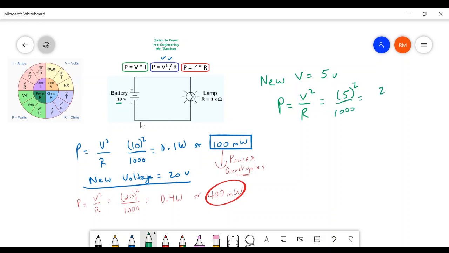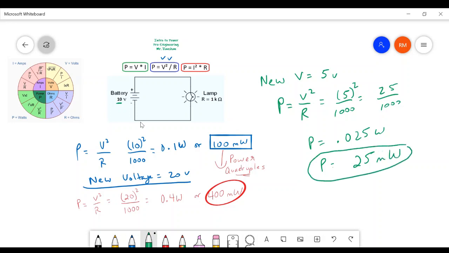So what do we get? We get power is equal to 0.025 watts, or 25 milliwatts. That is a quarter of your original power consumption. So originally it was 100 milliwatts, now it's 25 milliwatts. Just think about the massive savings in your current bill.